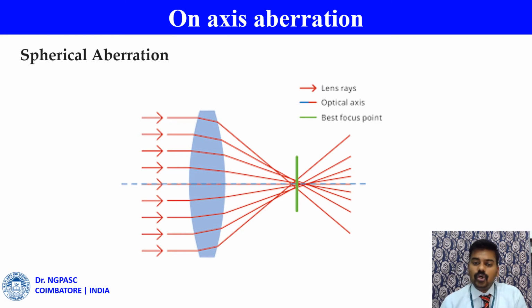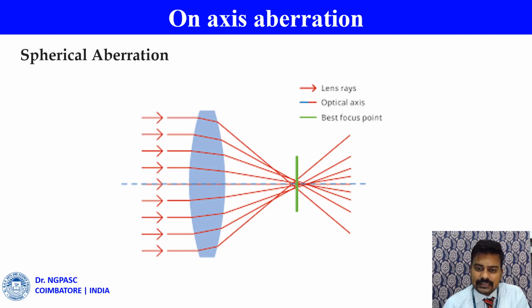If you focus properly, we can overcome this aberration by almost 70 to 80%. If you focus at a particular best focal point, you can overcome 70 to 80% of these aberrations.